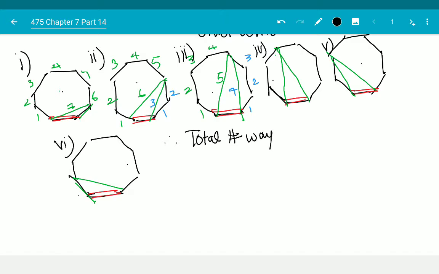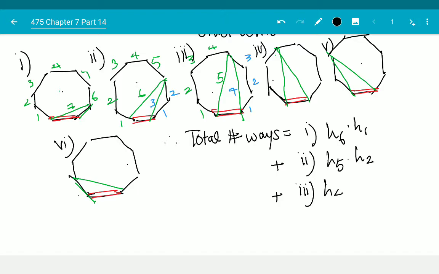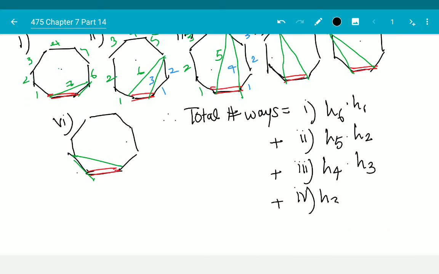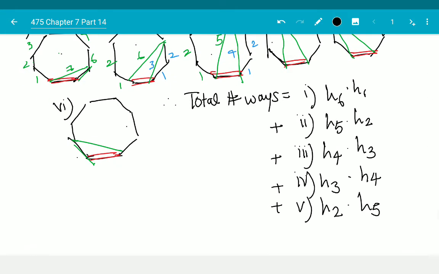Total number of ways is equal to the number of ways in number 1, which is the number of ways of further dividing this 7-gon, which, since it's a 7-gon, is h of 6, into the number of ways of dividing the 2-gon, which is h of 1, plus the number of ways of dividing h of 5 into the number of ways of dividing the triangle, plus h of 4 into h of 3, right? 5-gon into a 4-gon, plus h of 3 into h of 4, plus h of 2 into h of 5, plus h of 1 into h of 6, right?